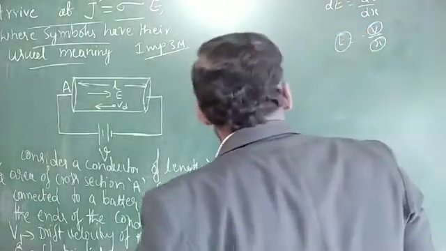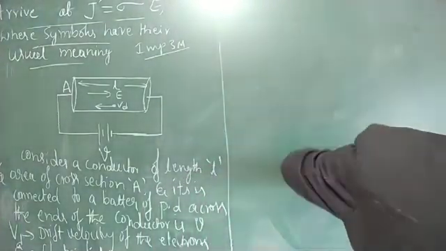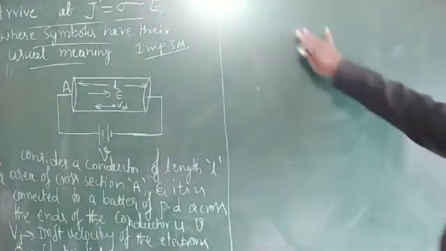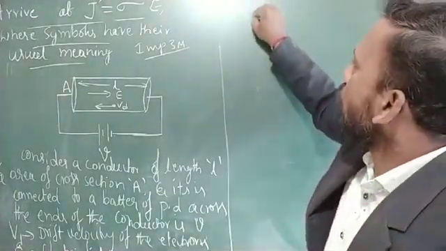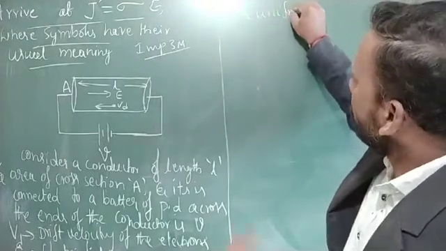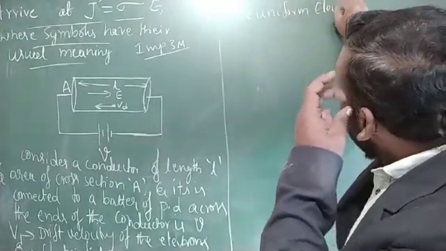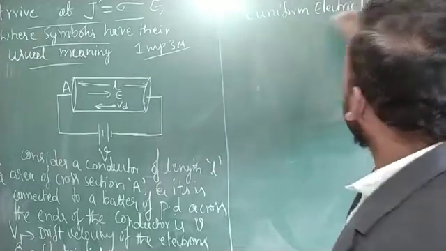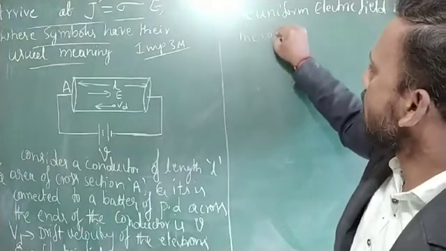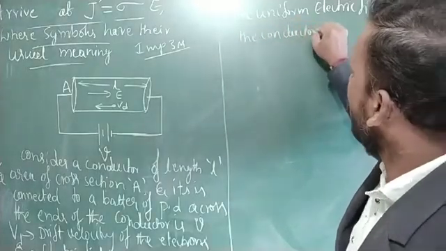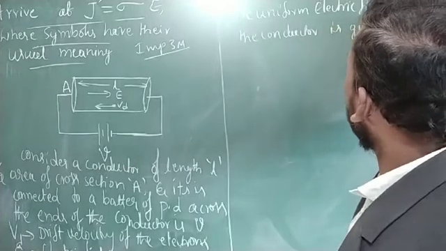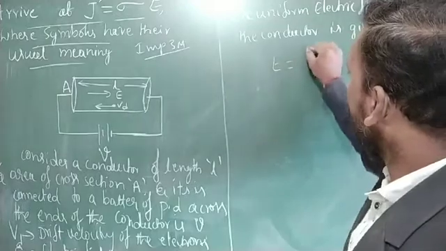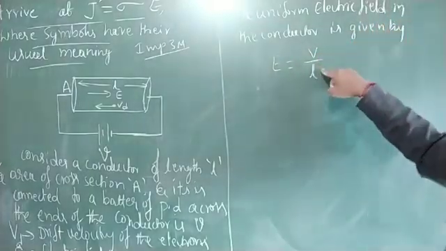Therefore, the uniform electric field in the conductor is given by E is equal to V divided by L, where L is the length.